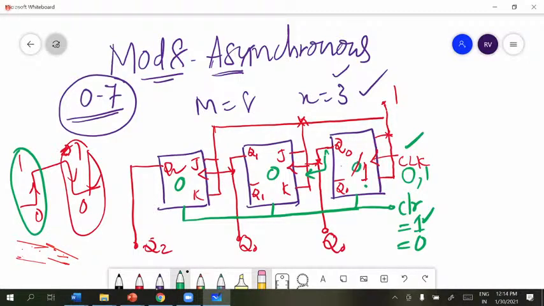Is there any change in the status of this second flip-flop? No, ma'am. Because whenever you give a positive going edge, the flip-flop does not function. So the output has no change. It holds the previous state only, so it remains 0.